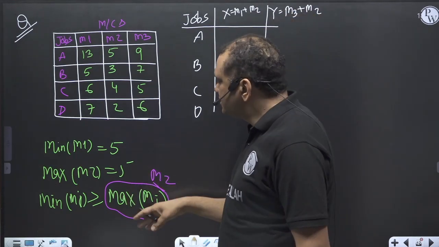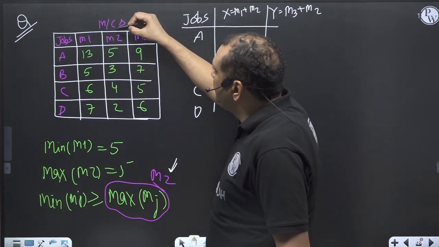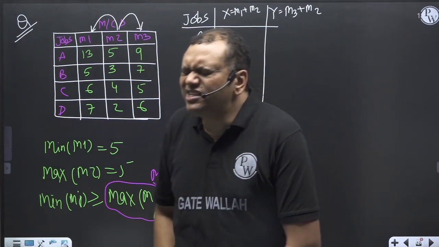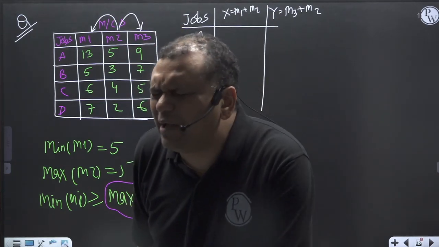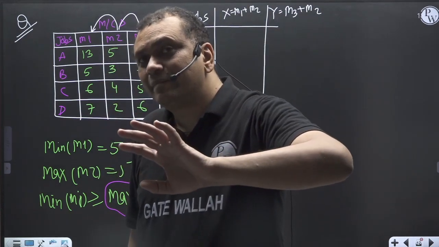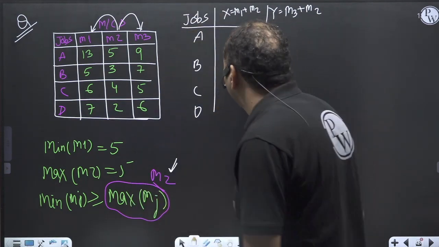Once these conditions are satisfied, the times of machine M2 will be added here and here. This will happen in every problem appearing in GATE. If this condition is not satisfied, that is out of your course.